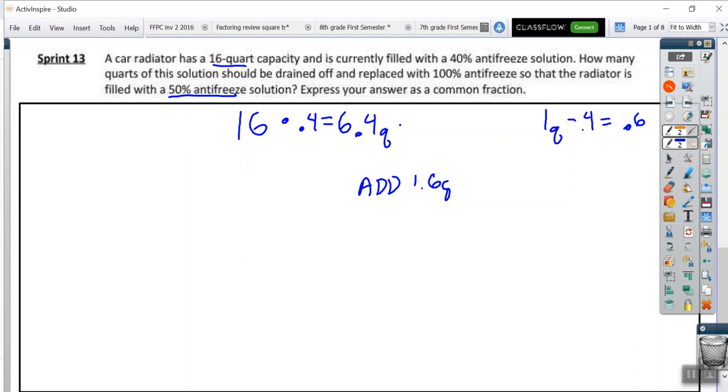Does that make sense? Okay, well, so if I need 1.6 quarts and I'm adding in increments of 0.6, what do I have to do with 1.6 and 0.6? Divide. 1.6 divided by 0.6. Well, I'm just going to multiply both of them by 10. 16 over 6. Which then reduces to 8 over 3.